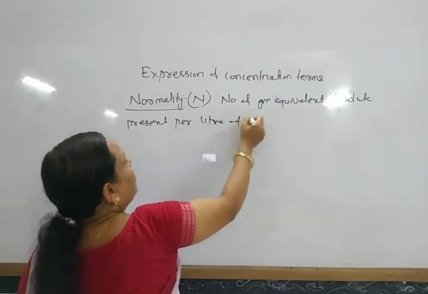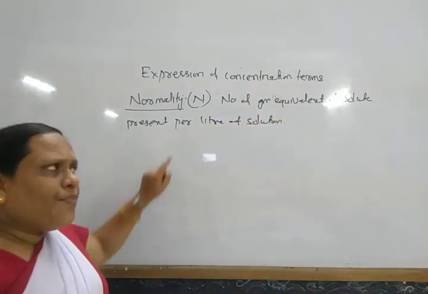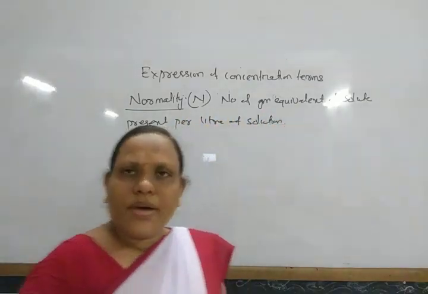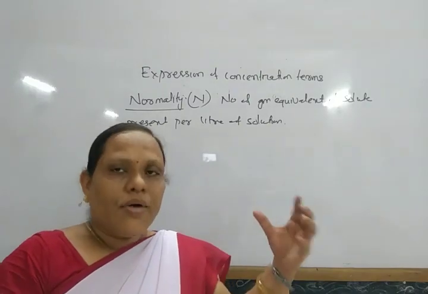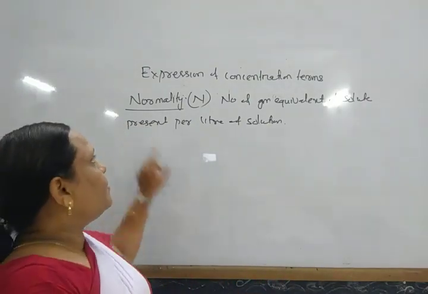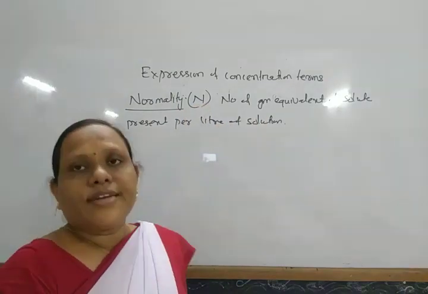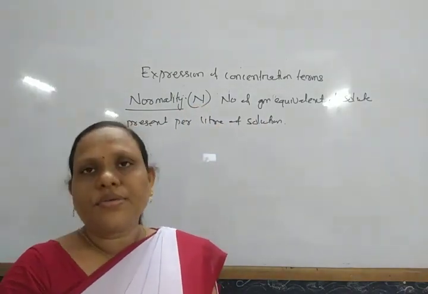Okay, you know how to find the gram equivalent weight: the amount given divided by its equivalent mass. That gives you the number of gram equivalents, present in 1 liter of solution.